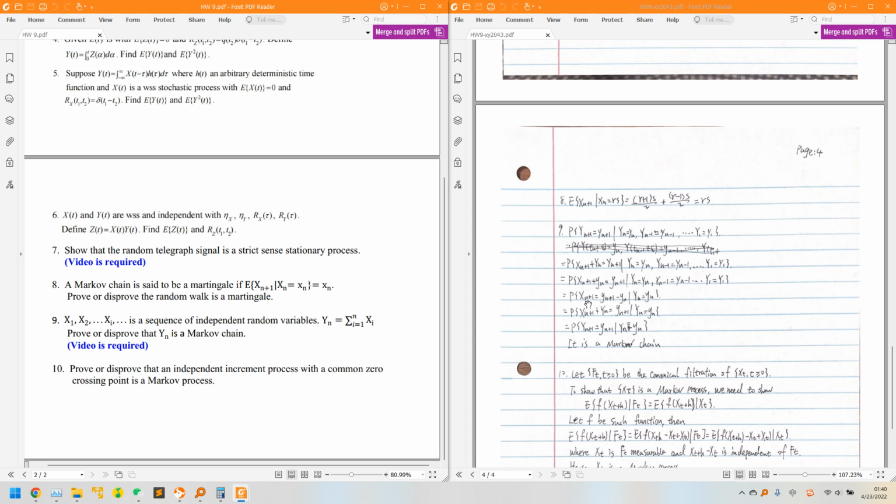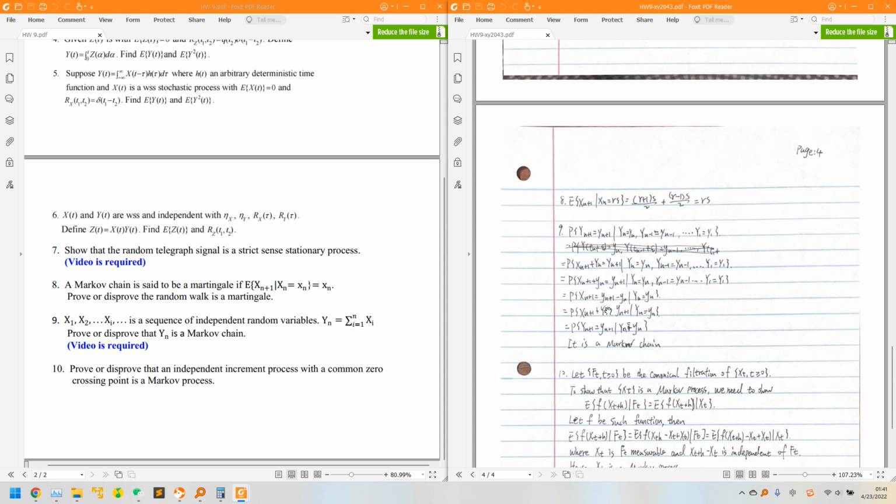After we do this, we can move the yn to the right part of the equation and convert it to the capital Y. So it is the probability of Xn plus 1 plus Yn equals lowercase yn plus 1, given that Yn is equal to the lowercase yn.